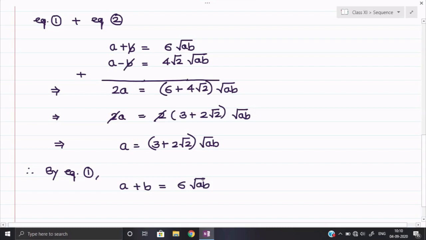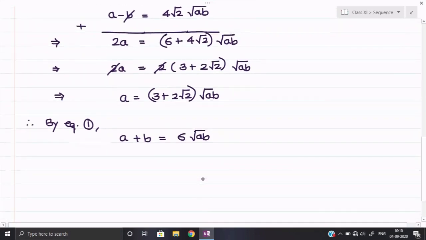Okay, so in that we shall put the value of A. Let us put the value of A first. That we have 3 plus 2 under root of 2 into under root of AB plus B is equal to 6 times under root of AB.